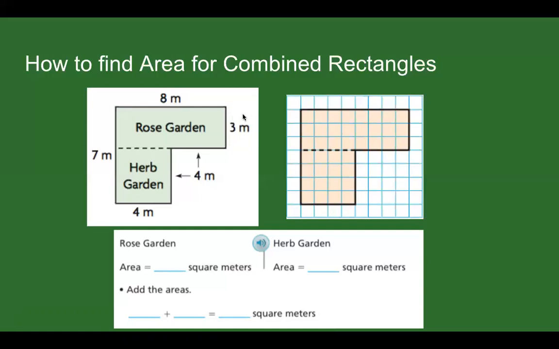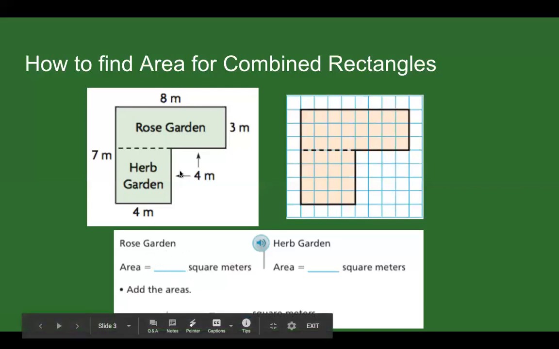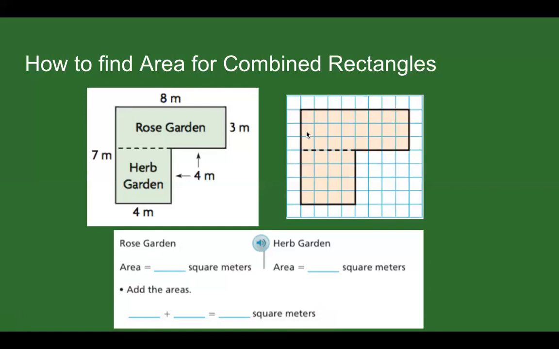So multiplying height times width, or length times width, means the same thing. I can multiply 8 times 3, and that's going to give me the area of just the rose garden. I want you to try that right now. Multiply 8 times 3 and get the area of just the rose garden. If you don't know 8 times 3, you can count all these little squares, and you should get the same thing.